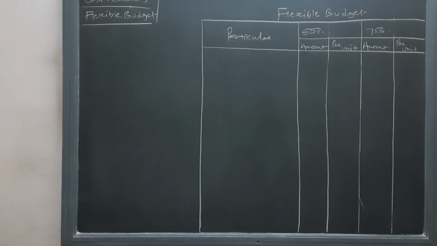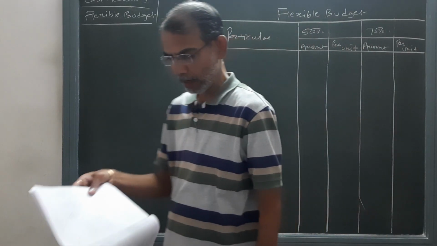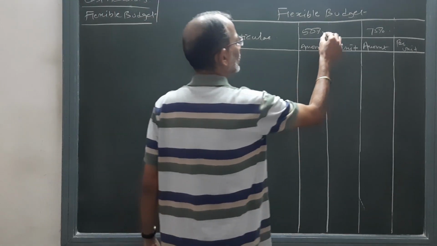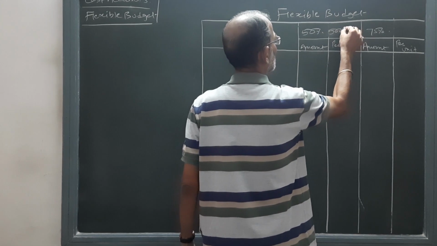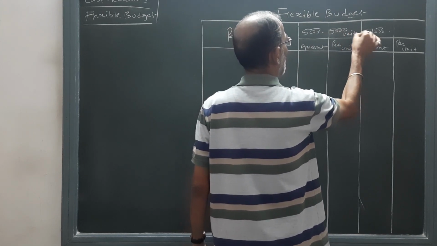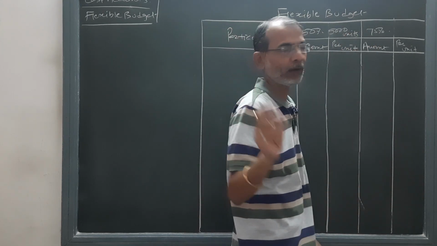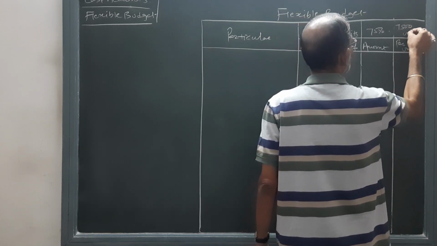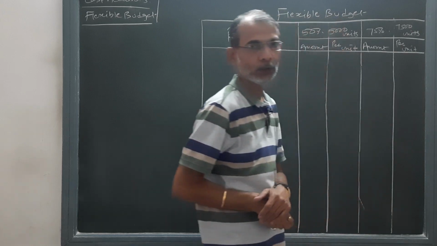Now as students, at 50% capacity 5,000 units are already given. So obviously at 75% capacity units will be 7,500 units.